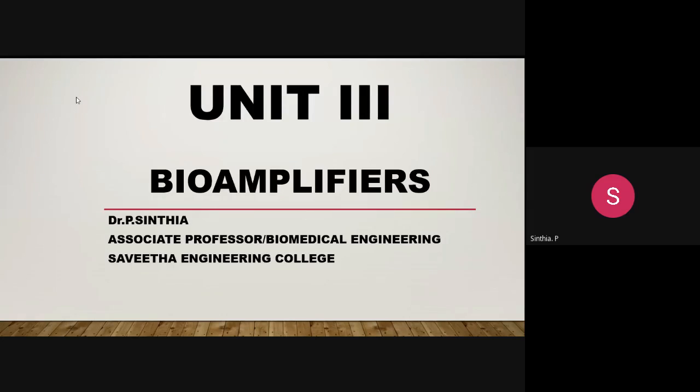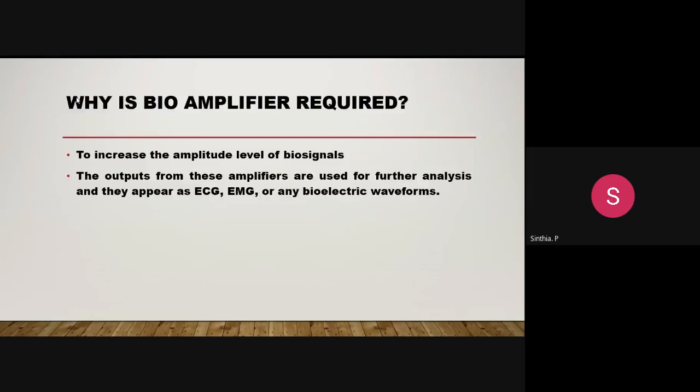So an amplifier featuring all these specifications is called a biopotential amplifier, or simply a bioamplifier. So we'll see the details of bioamplifiers and the different types of bioamplifiers involved in measuring biomedical signals from the human body, right? So what is a bioamplifier? As I already said, to increase the amplitude level of the biosignals, we go in for the amplification process.